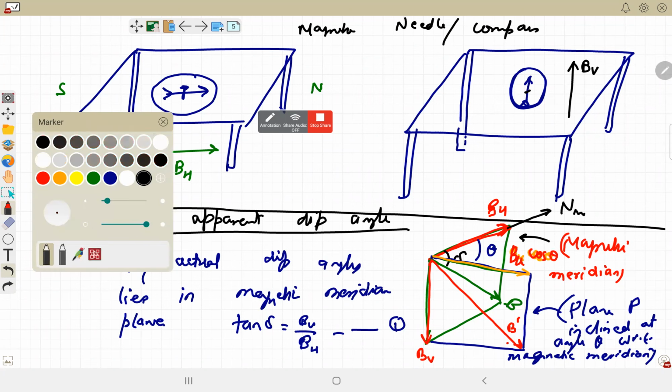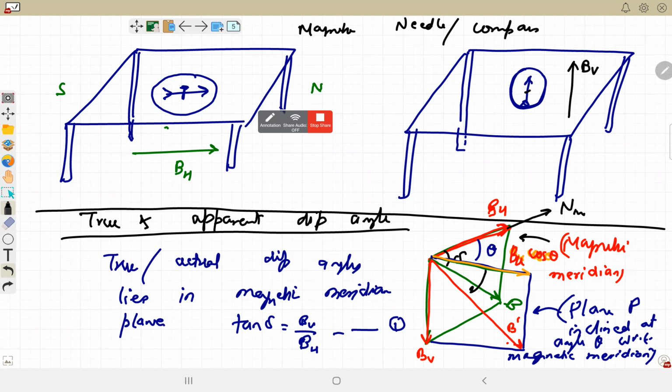The resultant is B dash and the apparent dip angle is delta dash.